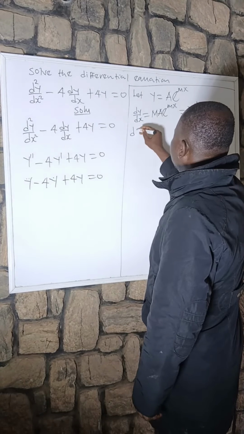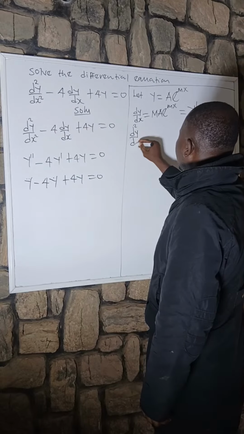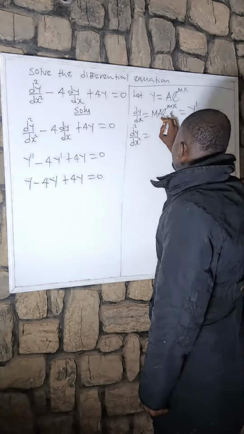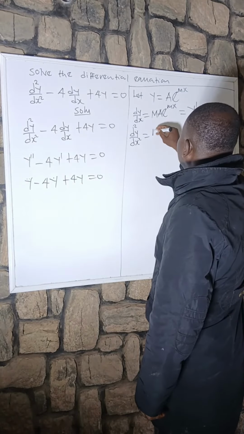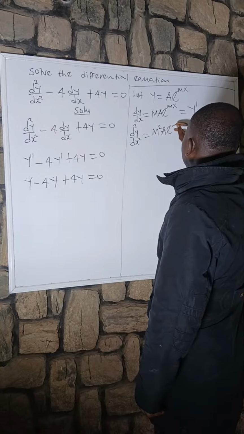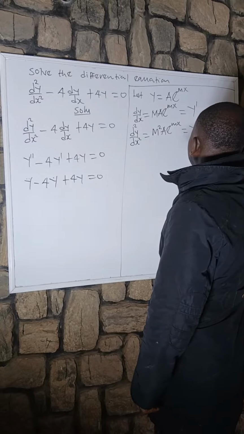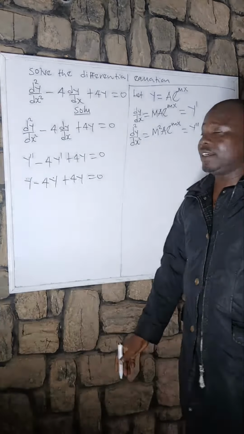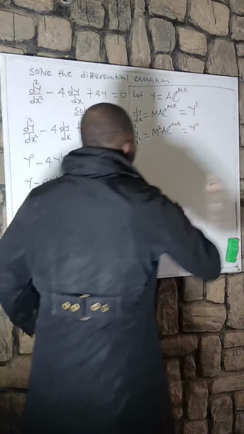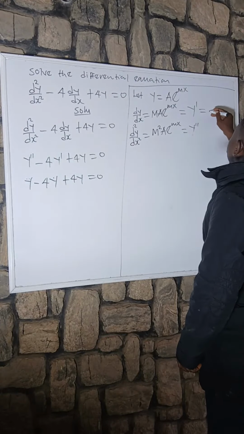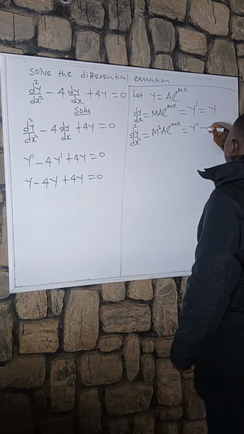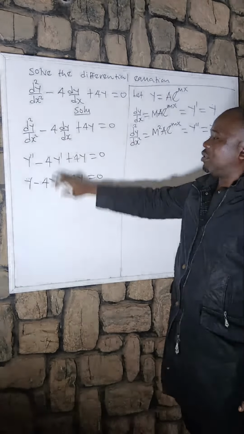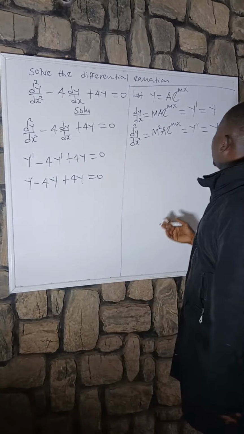It means d squared y all over dx squared equals to, differentiate this whole thing, m a is constant, you are going to have m squared a exponential mx. This is the same thing as y prime prime, true or false. This is the same thing as y dot, and this is also the same thing as y dot dot. So any one of the notations you want to use, you can just apply it. Is that clear?